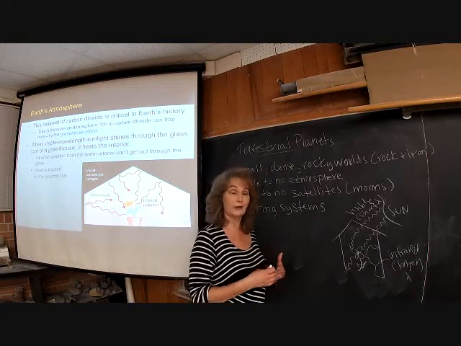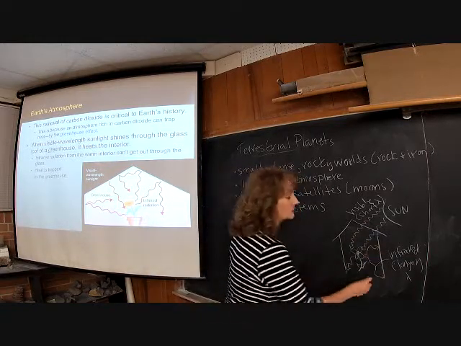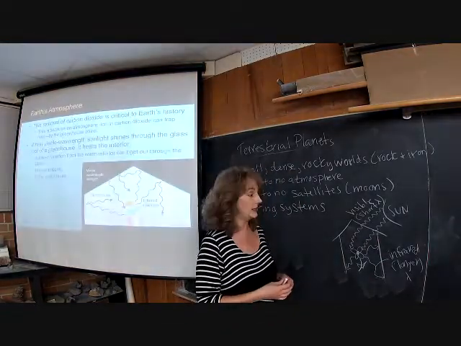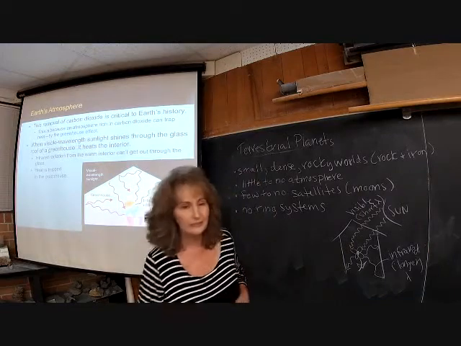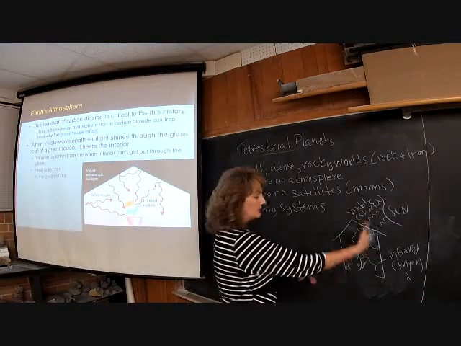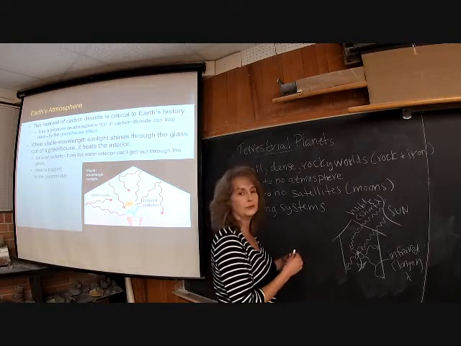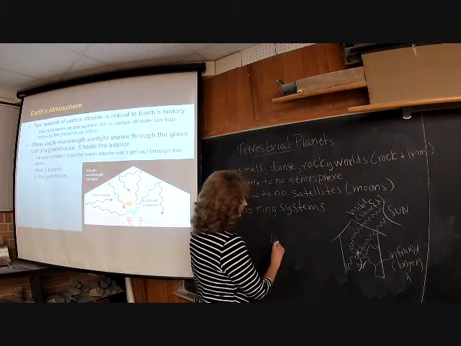Those get trapped, because the glass is what we call opaque to infrared radiation. So it doesn't allow it to go back out, so it just bounces back around and continues to warm and heat. That's known as the greenhouse effect.